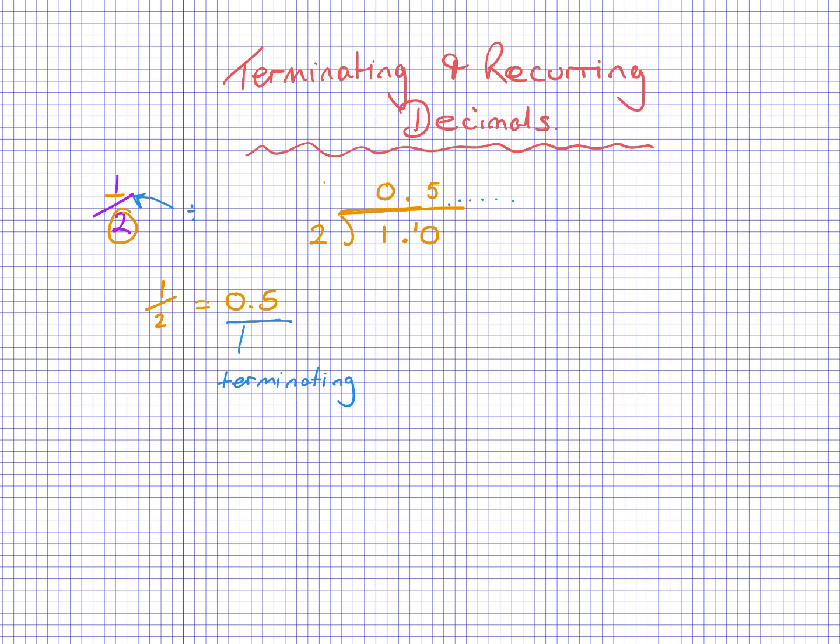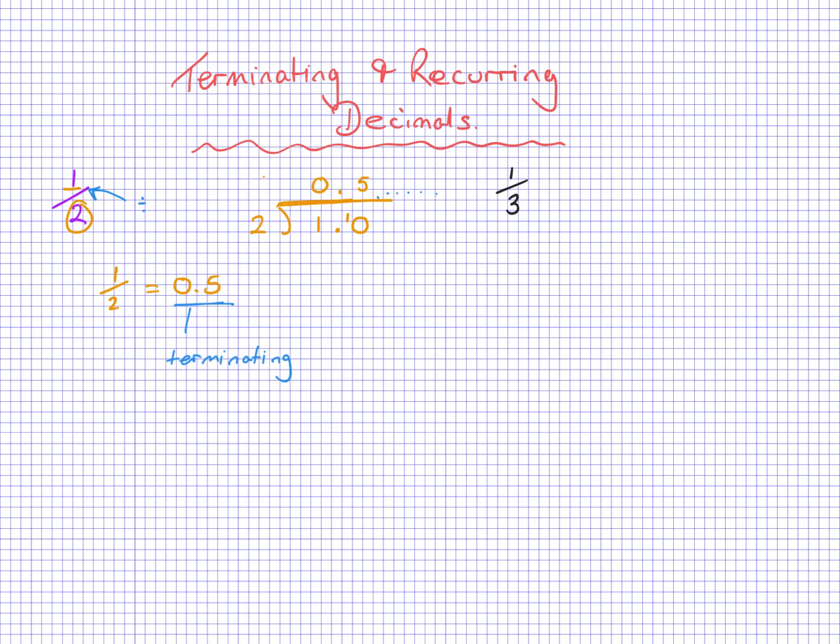Now what about another type of decimal called a recurring decimal? Now a third is a really good example of this. So a third we'll convert into a decimal. We'll go, how many 3's are in 1? There are none. Carry the remainder onto the next 0. How many 3's are in 10?